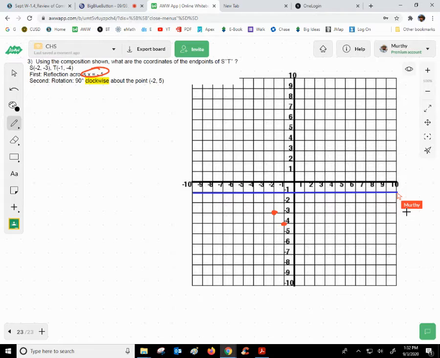Then, when it is reflected, if a graph is given, it's easy to count the number of blocks. I can count 1 block, 2 blocks, then on the other side of the mirror line, 1 block, 2 blocks.